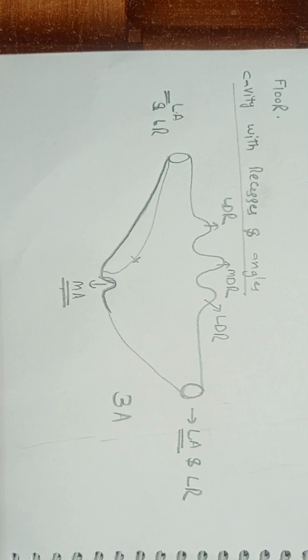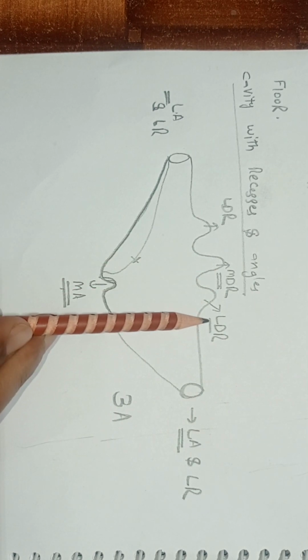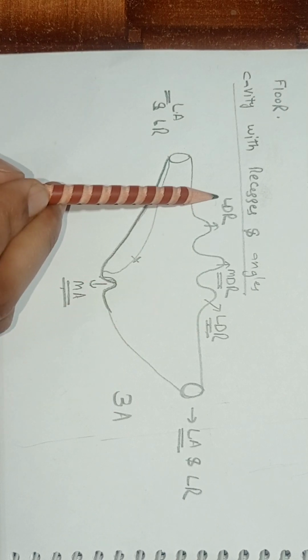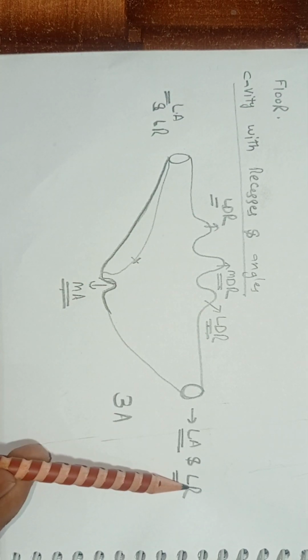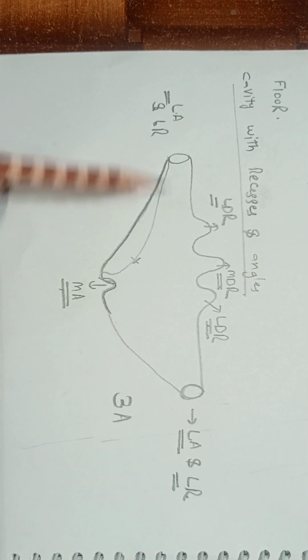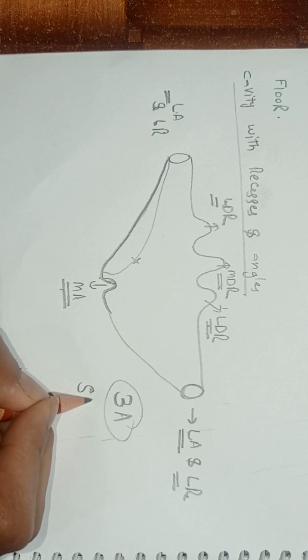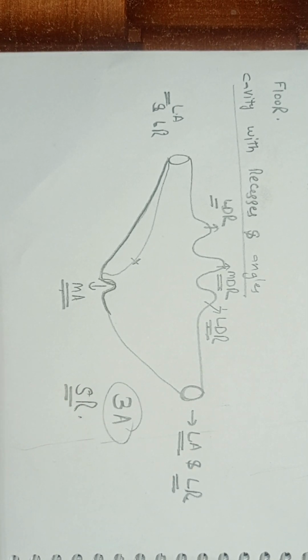Similarly, we have five recesses: the median dorsal recess, one lateral dorsal recess, another lateral dorsal recess, and one lateral recess on each side. We have three apertures and five recesses. What is a recess?